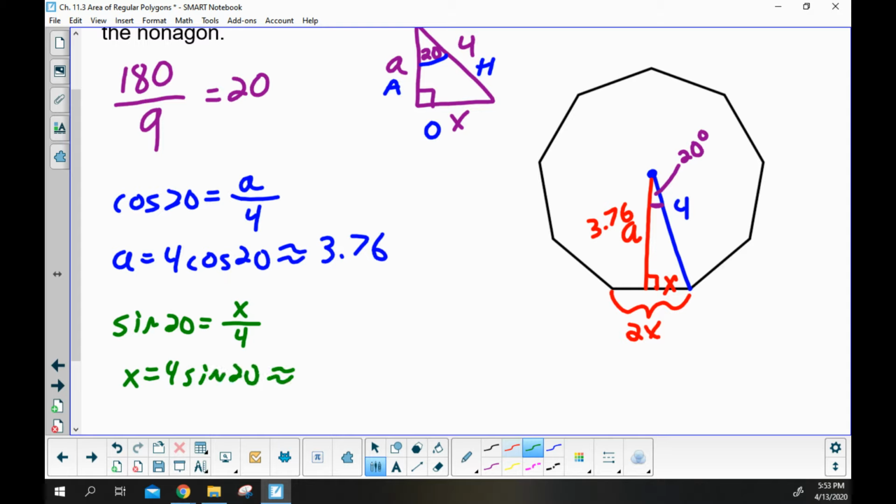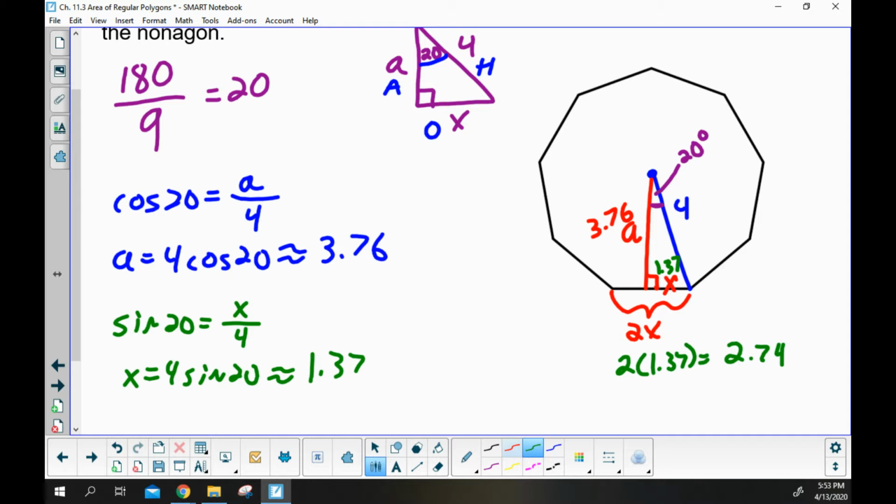And that, when we plug it in, gives me roughly 1.37. So I know X here is 1.37. So if I want to find the whole side, remember, I need to double that. So 2 times 1.37, that's going to give me 2.74.